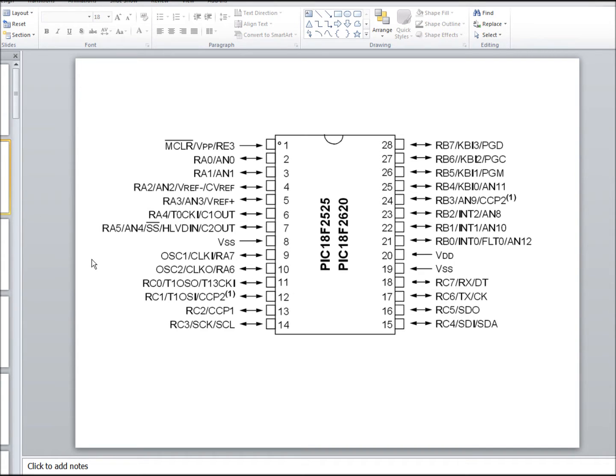Those guys, altogether 8 pins, 0 to 7, are called port A, and they're all for digital input-output. They have other features as well. You write the program to say, I want this pin to have this feature. We'll show you how to do that in a moment.